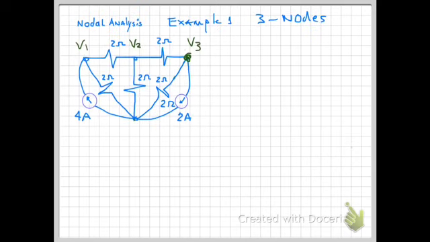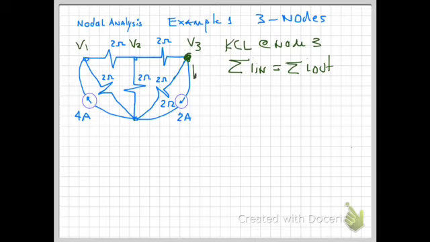We're going to find equation number 3 at node number 3, so we write Kirchhoff's current law at node 3. We see that this current goes out, so let's just say that 0 is equal to positive on the right hand side. Then let's look at the second current. That's going to be V sub 3 divided by 2, and then the current that flows from node 3 to node number 2 is going to be V sub 3 minus V sub 2 divided by 2.